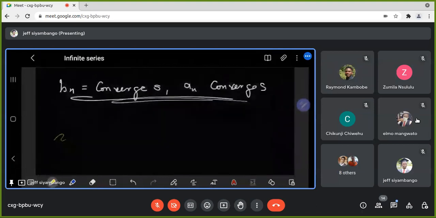Geometric: we must somehow end up with a sequence. This can start from 0. Usually we start from 0 for this one. But the key thing is it should be possible for you to write it raised to some power n, where n is a positive power.